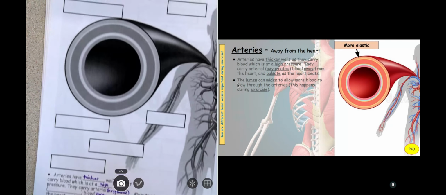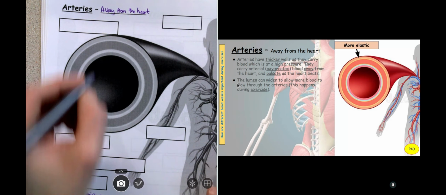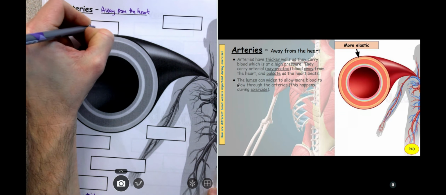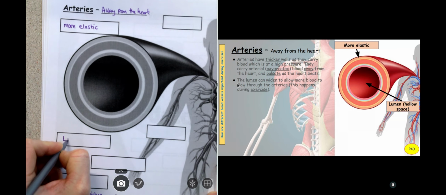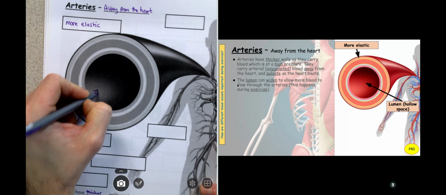So labelling your arteries then, we've got that they are more elastic, so they can change their diameter. They've got a large lumen, which is the space in the middle, so I'm just going to make that clear with where I'm pointing that to.